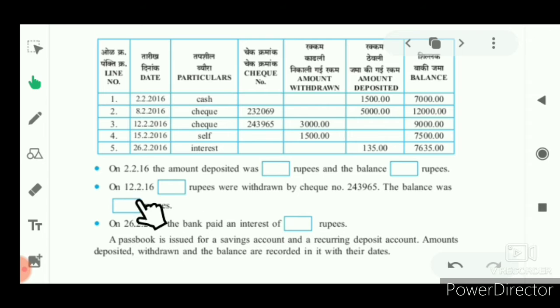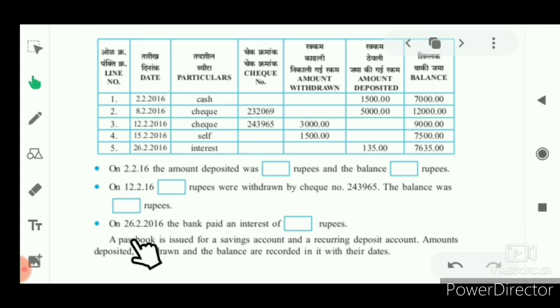So here are some columns, some fill in the blanks. On 2 Feb 2016, the amount deposited was 1500 rupees and the balance was 7,000 rupees. On 12 Feb 2016, 3,000 rupees were withdrawn by check number 243965 and the balance was 9,000 rupees.